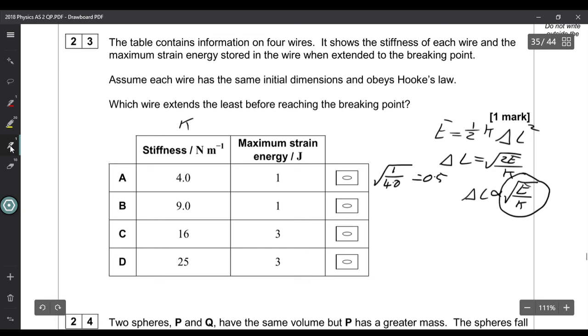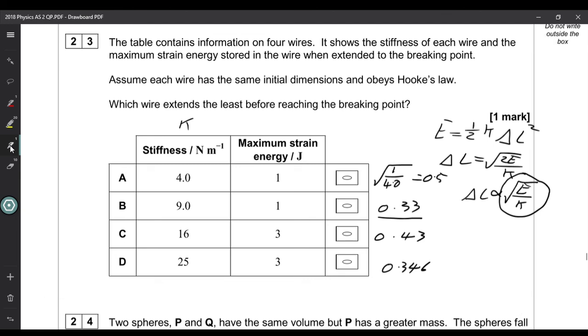So if we do that for the other ones as well, this one's going to be 0.33, this one is going to be 0.43, and this one is going to be 0.346. So the one with the least delta L before it breaks is going to be this value here, 0.33. So the answer is going to be B.